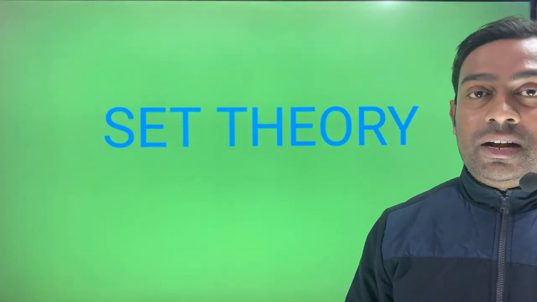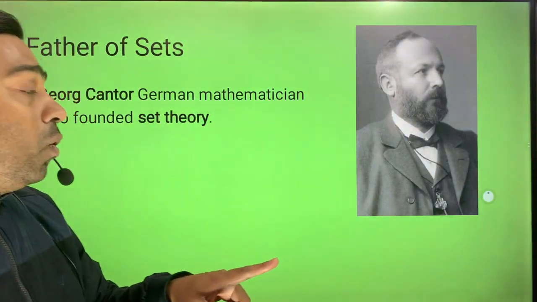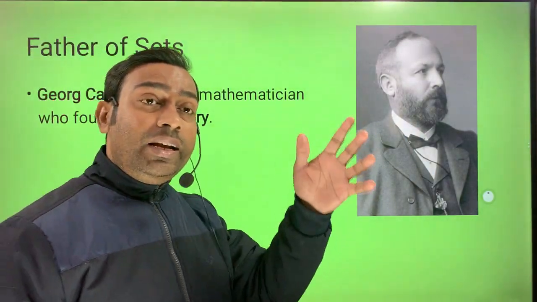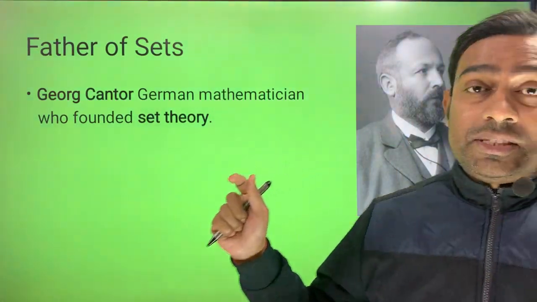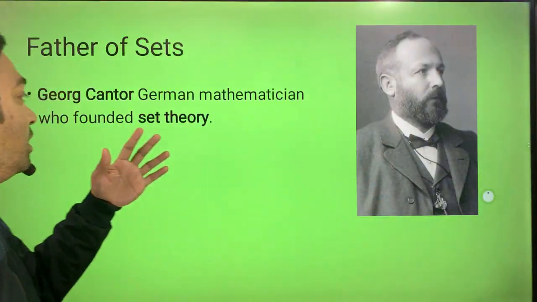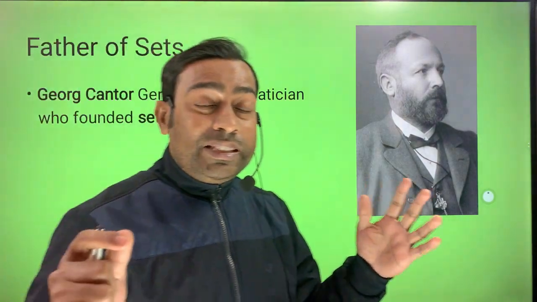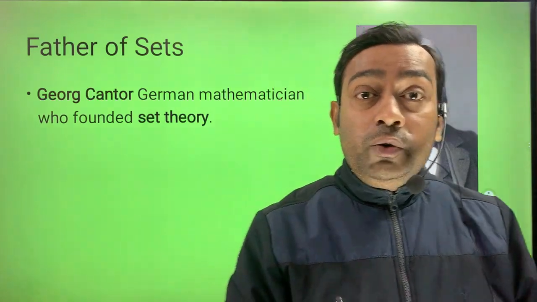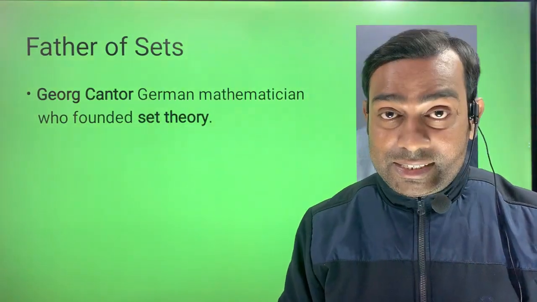Let us move ahead to discuss the set and who discovered it and where it originated. You can see the father of sets is named George Cantor, who invented a new branch, or gave a new dimension, to our mathematics.